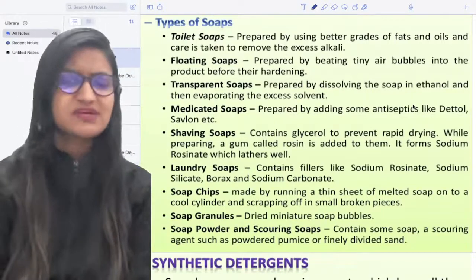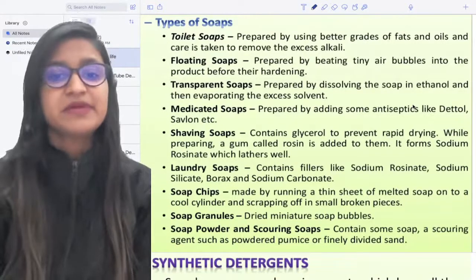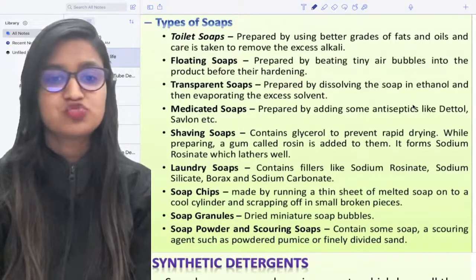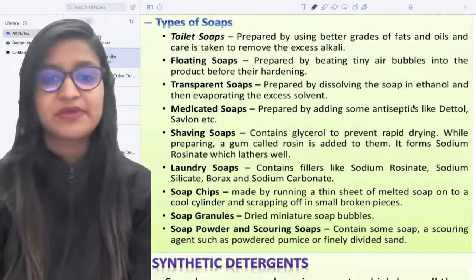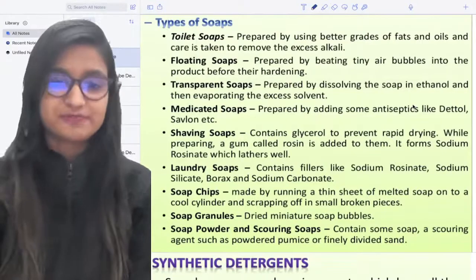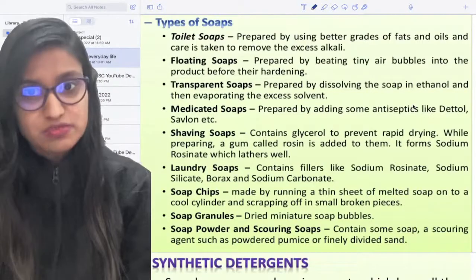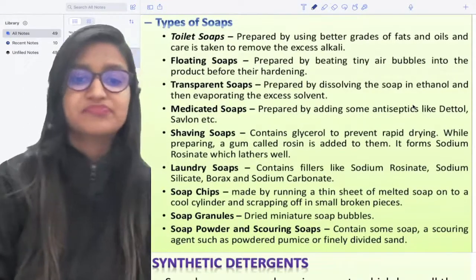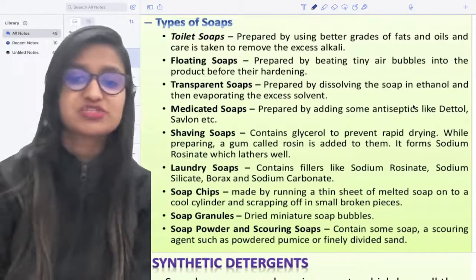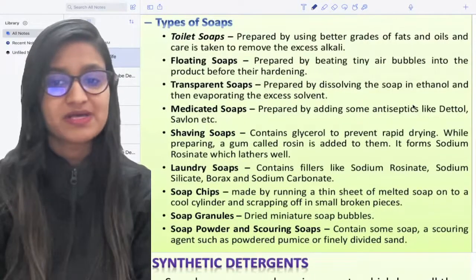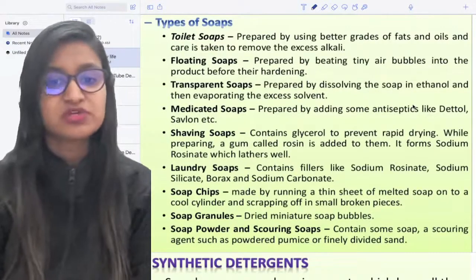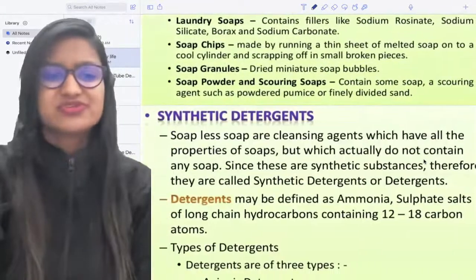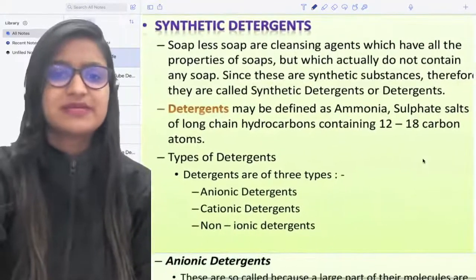Soap chips are made by running a thin sheet of melted soap onto a cold cylinder and scraping off in small broken pieces. Soap granules are dried miniature soap bubbles. Then soap powder and scouring soaps contain some soap, a scouring agent such as powdered pumice and/or finely divided sand. So these are very simple things.